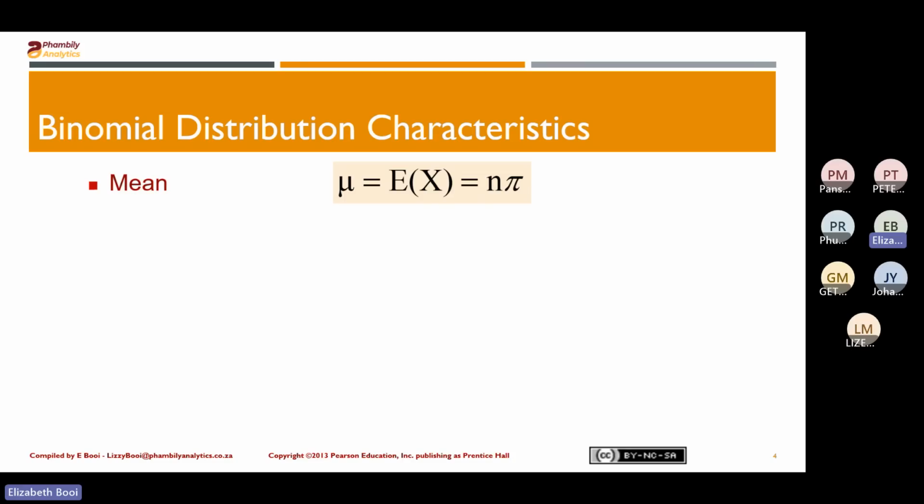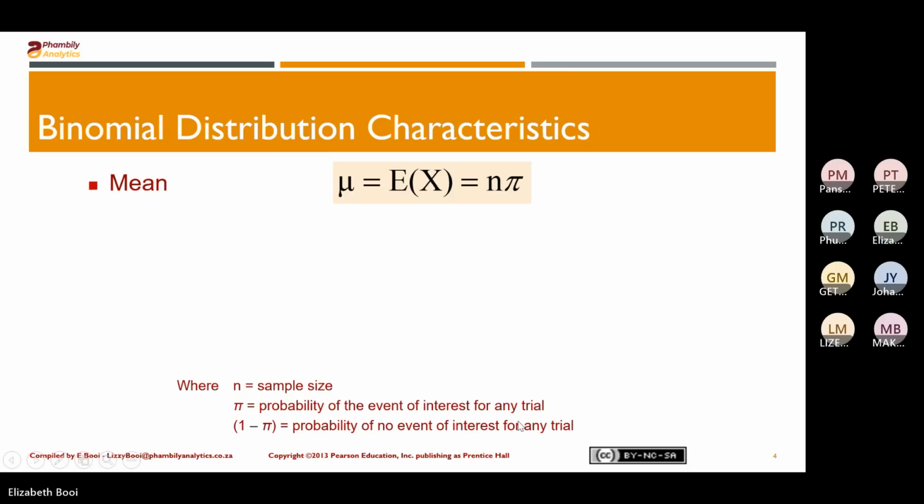So we need to learn how to calculate the mean of a binomial distribution. Your mean, or your expected value, is your sample size multiplied by the probability of success.